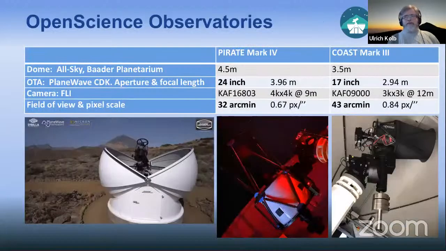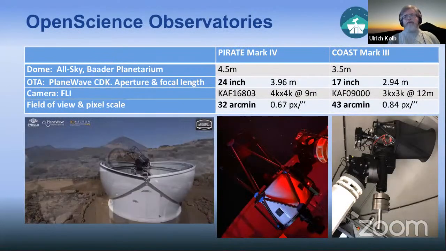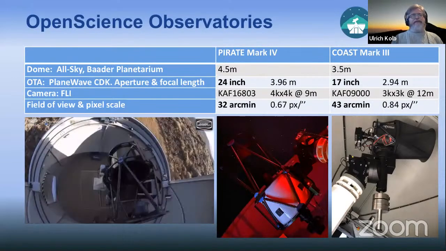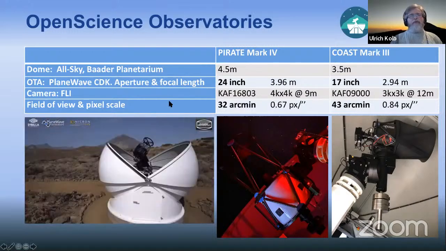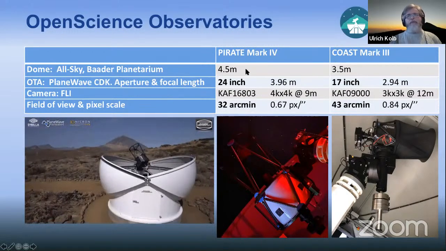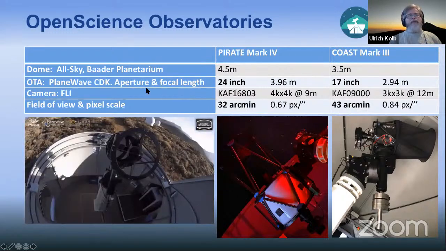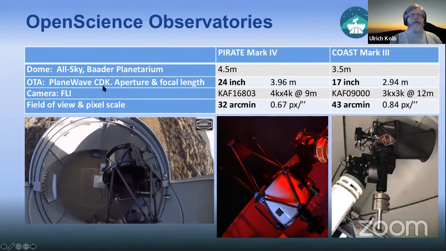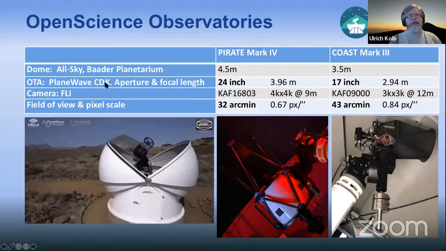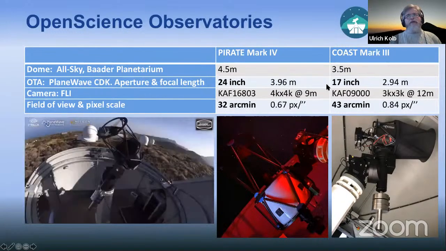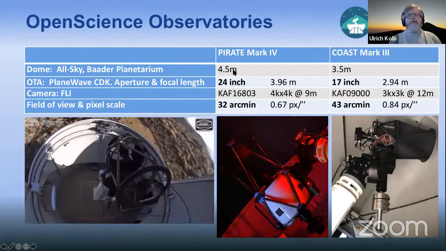Our facilities then are, just to give you the specs, all-sky clamshell domes, 4 meter and 3 meter wide. We have basically PlaneWave CDK astrographs, a 24-inch mirror and a 17-inch mirror.